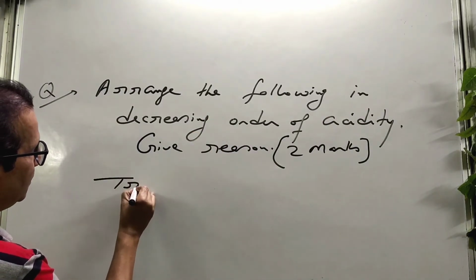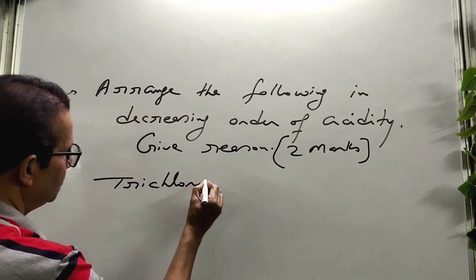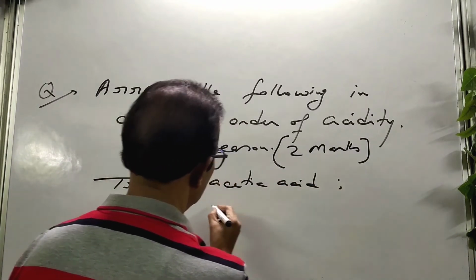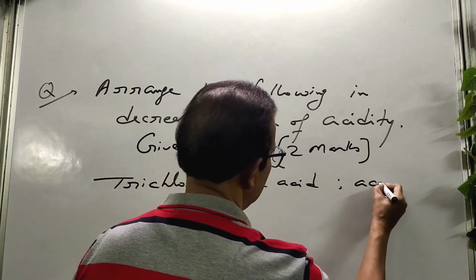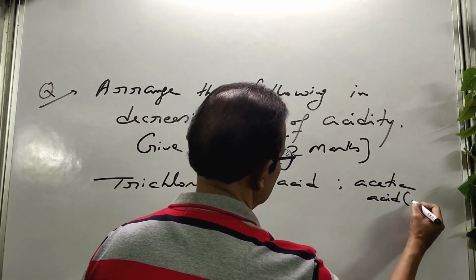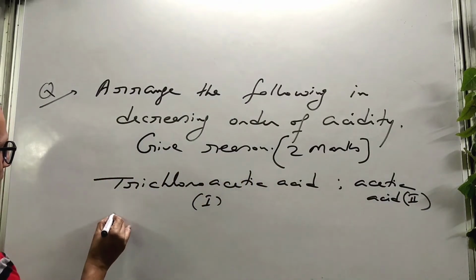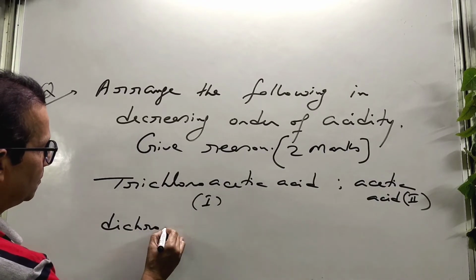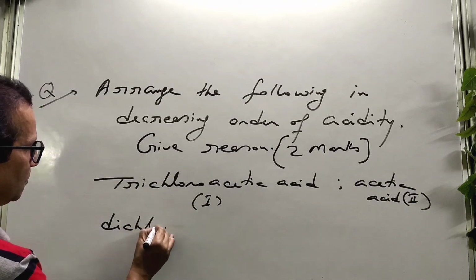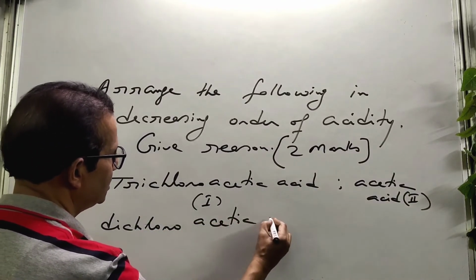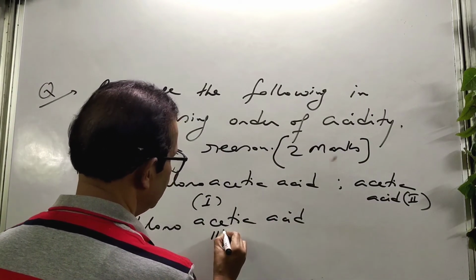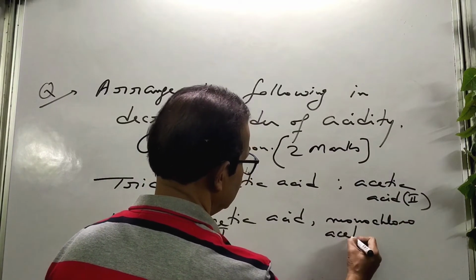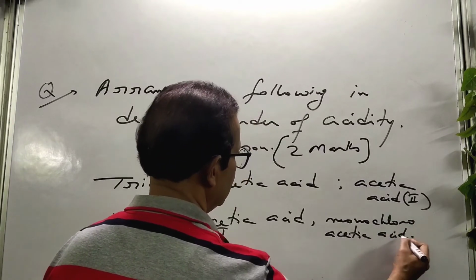Now, try: chloroacetic acid number 1, acetic acid number 2, dichloroacetic acid number 3, and monochloroacetic acid, say number 4.